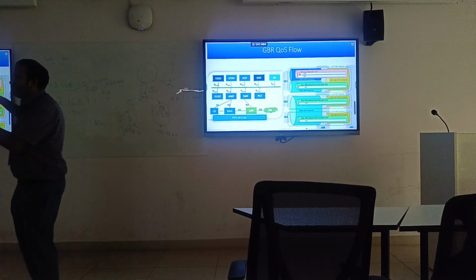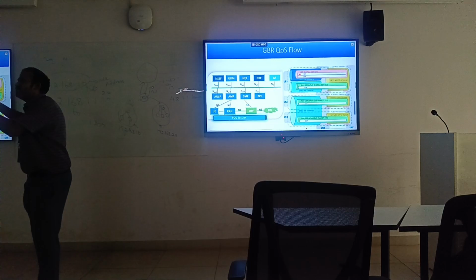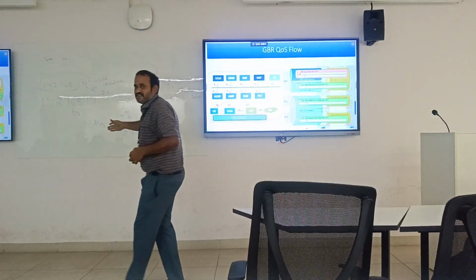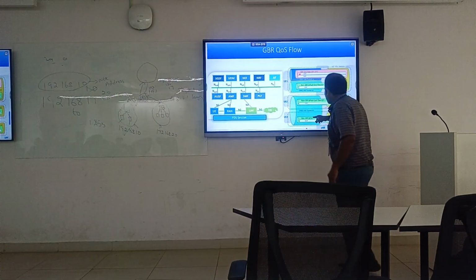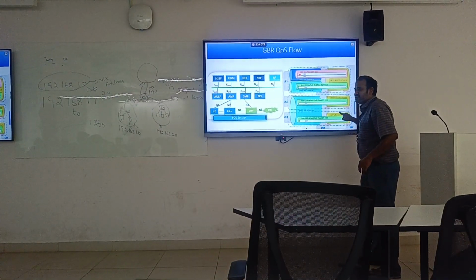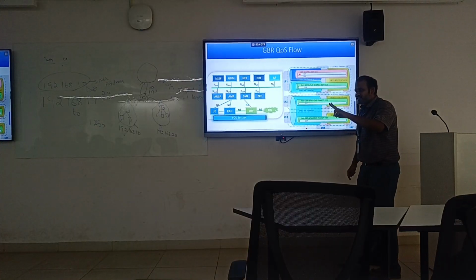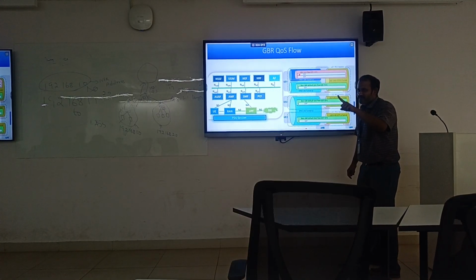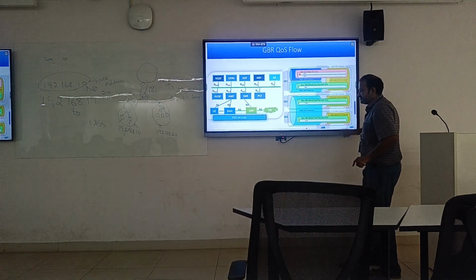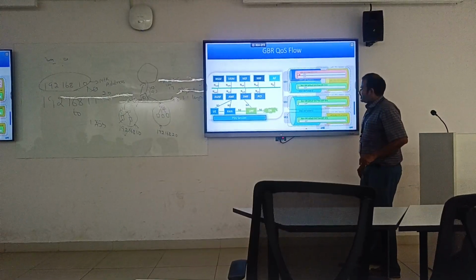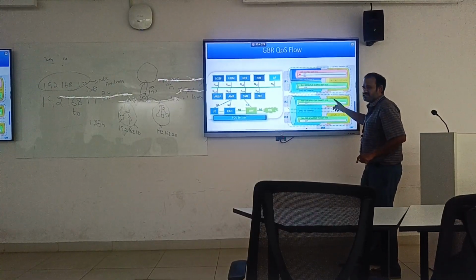Correct? But your GTP is between your base station and core network. Sorry, your UPF. Correct? Right? So this is what they have mentioned here. Okay. So two or more users can use one data bearer at a time, but your GTP will be different. Right? You will understand this picture.